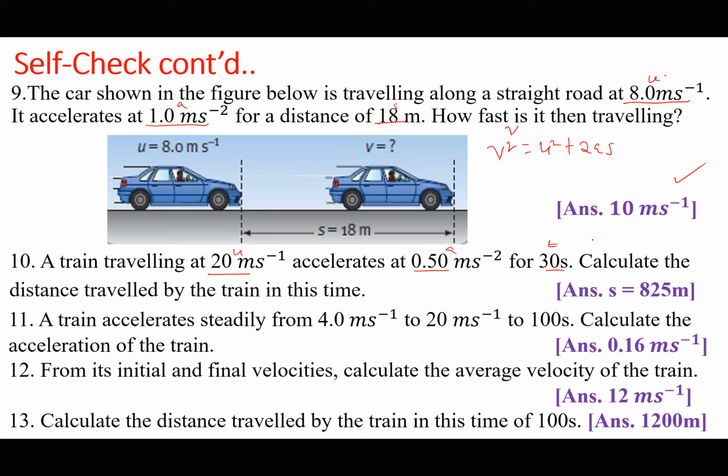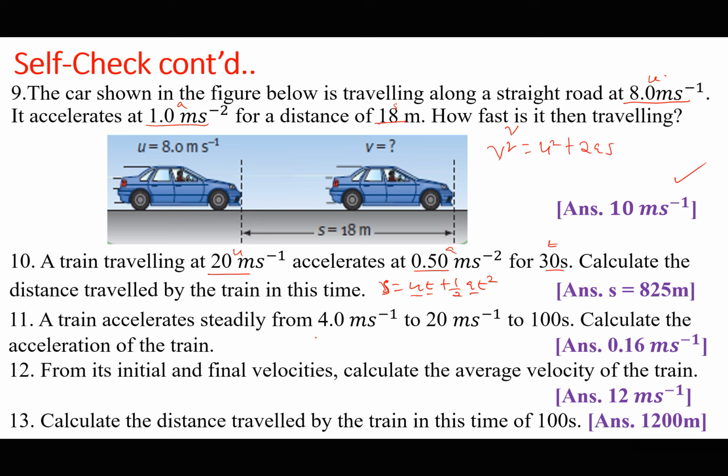Calculate the distance traveled by the train in this time. So we want distance, we need an equation which has distance. So I can use v squared, but we don't know v, the final velocity, so I'll use s equals ut plus a half at squared, because I know the initial velocity, I know the time, I know the acceleration.